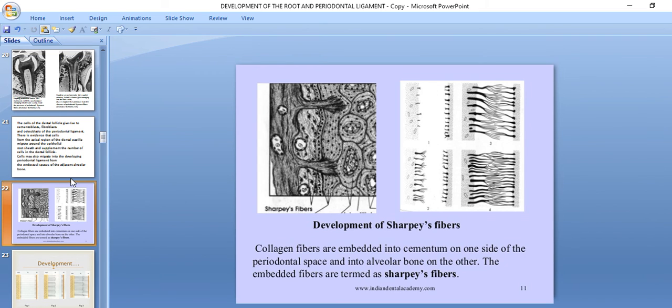There appear to be few structural differences between fibroblasts in the developing periodontal ligament of erupting teeth and those associated with a fully erupted tooth.